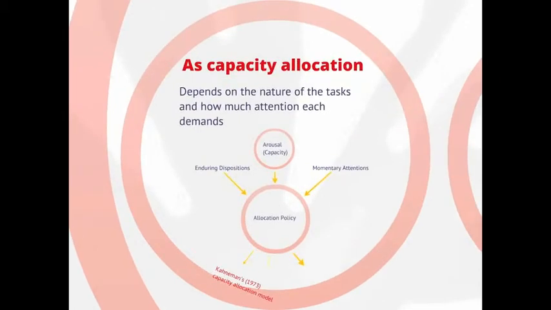So when we talk about attention as a capacity allocation, we mean that our attention has a set amount of capacity or resource to deal with. And that's shown here as the arousal bubble in the center of your screen. So arousal here just means the amount of attention that we have at our disposal, and that can be due to a couple of things.